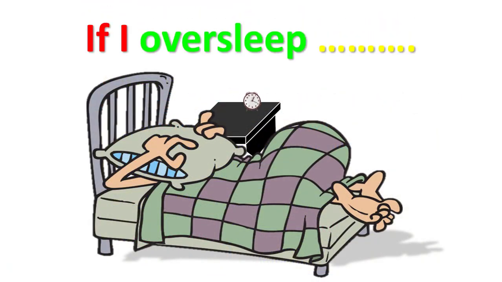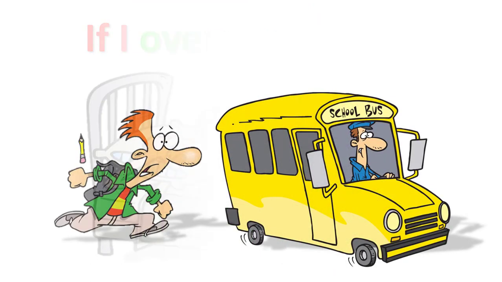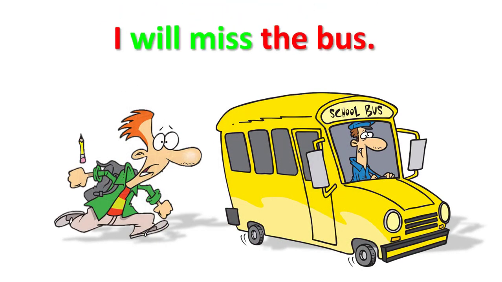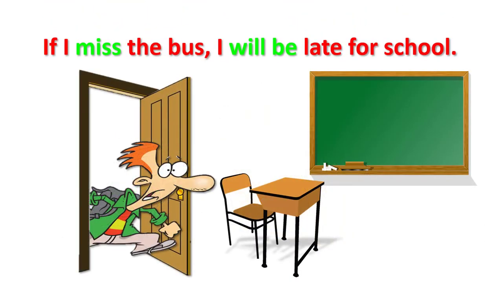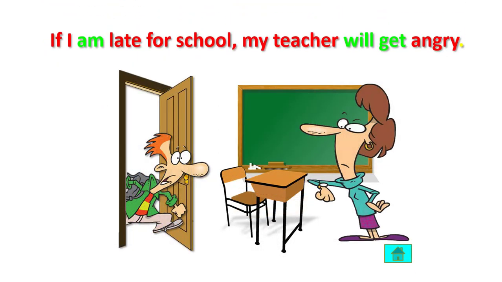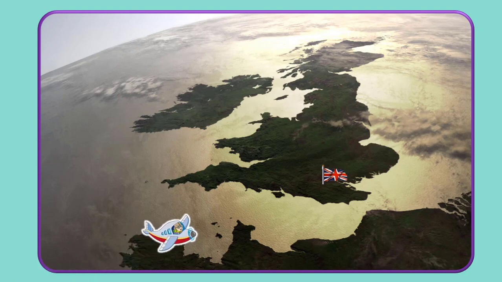Let's have further examples. If I oversleep, I will miss the bus. If I miss the bus, I'll be late for school. If I'm late for school, my teacher will get angry. Let's have further examples.